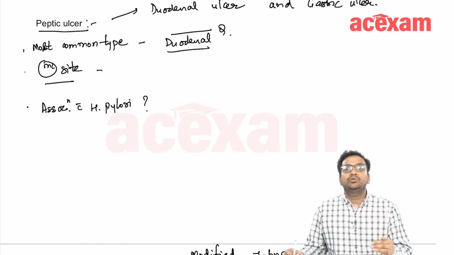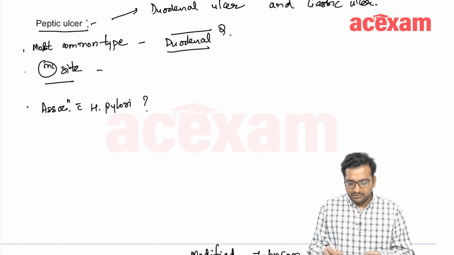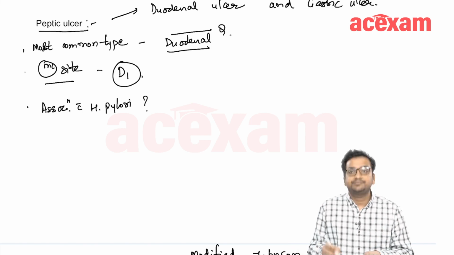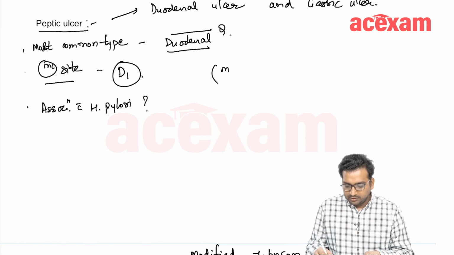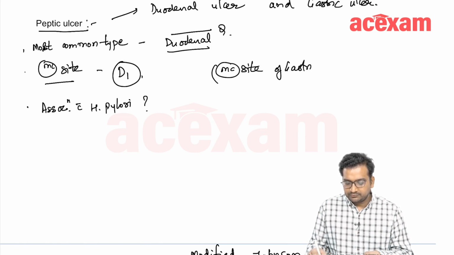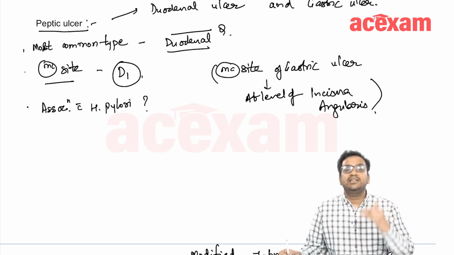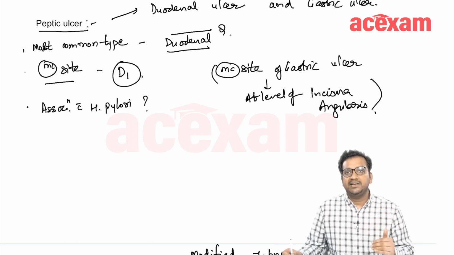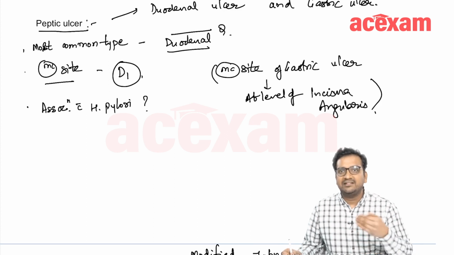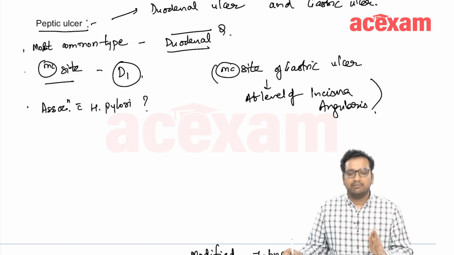Okay, what is the most common site of peptic ulcer? Most common site is D1. Okay, another question. Most common site of gastric ulcer is, I have already told you, at level of incisura angularis. Okay, overall the most common site of peptic ulcer is D1, but the most common site of gastric ulcer is at the level of incisura angularis.